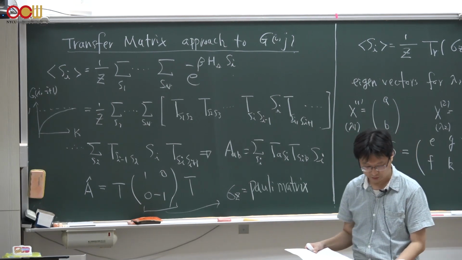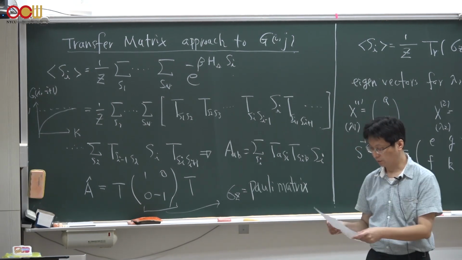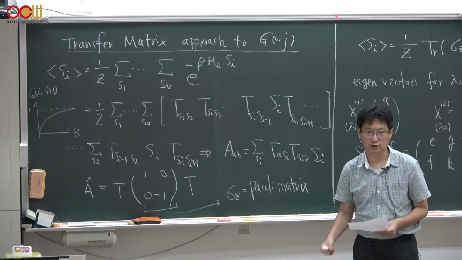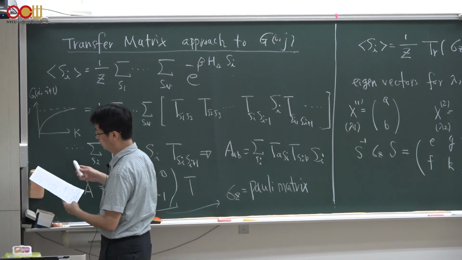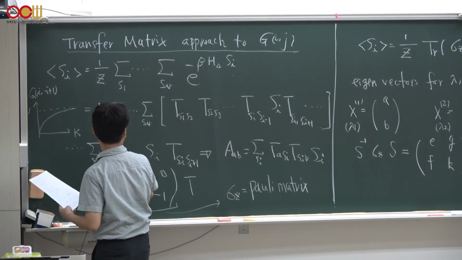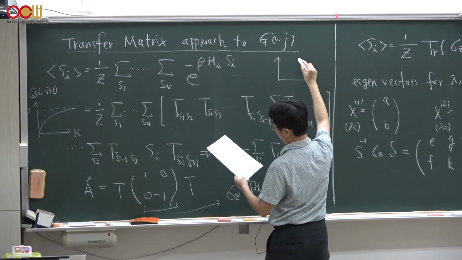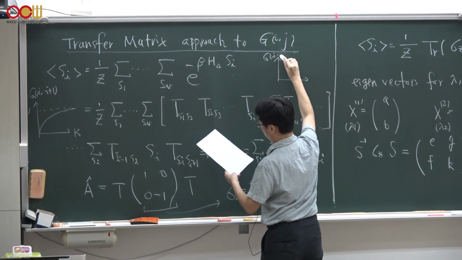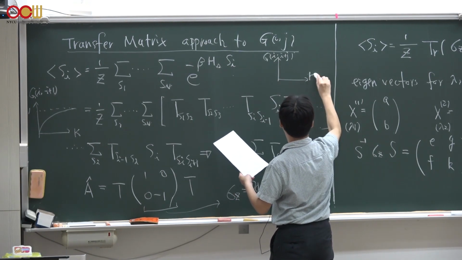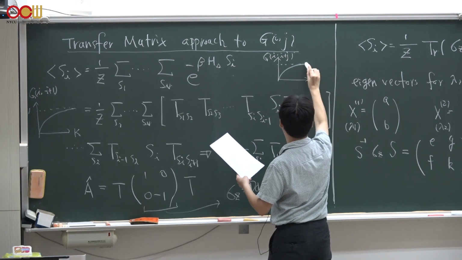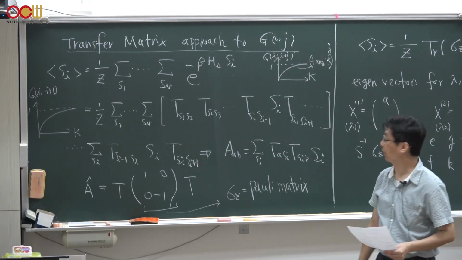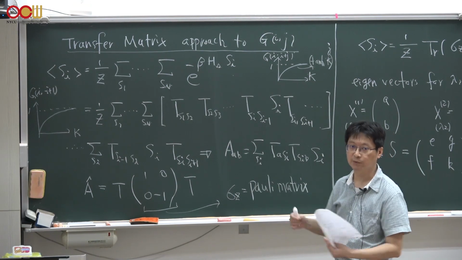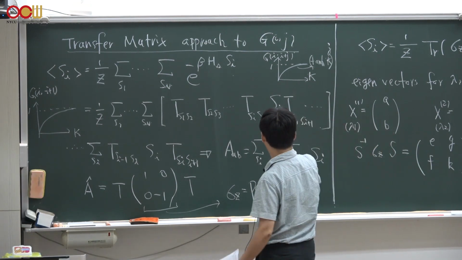And we also show that the only place where you have a phase transition is at zero temperature and zero field limit. In particular, we show that the correlation function for the two sites i and i plus j versus K is the hyperbolic tangent of K to the power of j, where j is the distance between these two sites.